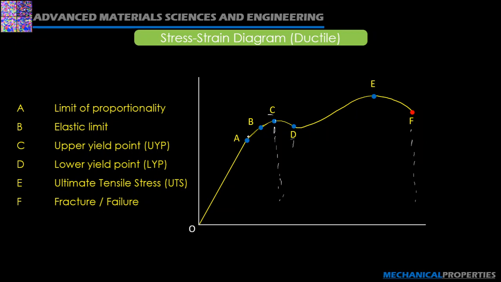The designers take this lower yield point as the strength criteria for any ductile material, because this is the minimum value that a material has to maintain, and this is known as the yield strength of the material. And this is denoted by SYT, yield strength of the material.